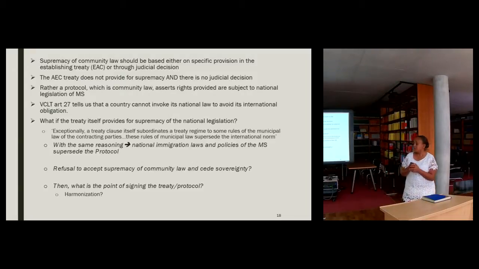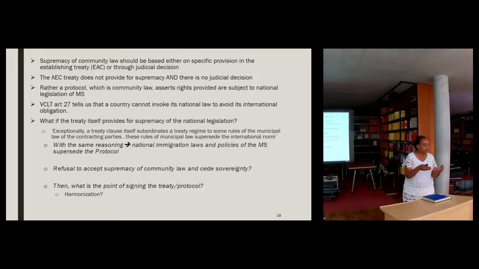On the other hand, we have this protocol. So we don't have a clearly stated provision in the treaty which says it's supreme law, and we don't have a judicial decision. But alternatively, what you have is a protocol which wants to make the national legislations above the protocol. When you look at the Vienna Convention on the Law of Treaties, Article 27 says that states cannot invoke their national law to avoid their international commitment.